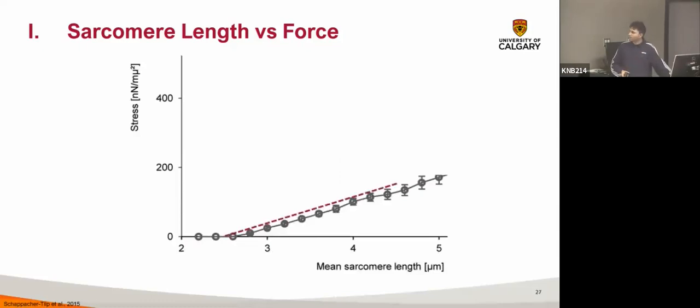Compared to our values, we have pretty good consistency between the two. So what I'm trying to say here is that our titin labeling is not as invasive as you might expect. It's actually doing the exact same thing, or even producing more force, as opposed to decreasing the amount of force twofold compared to unlabeled samples.